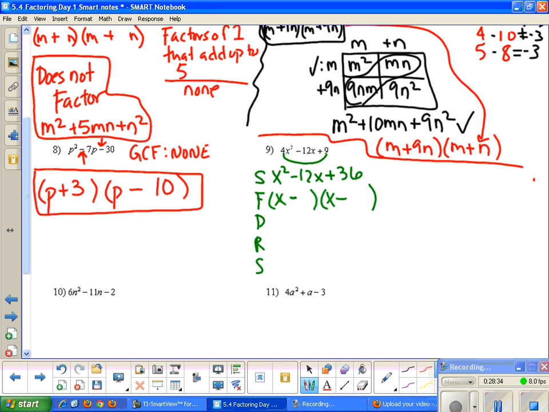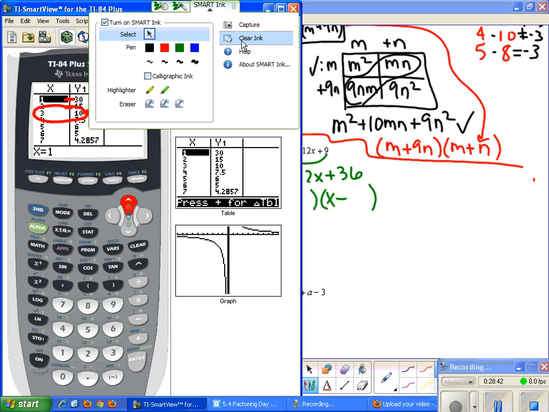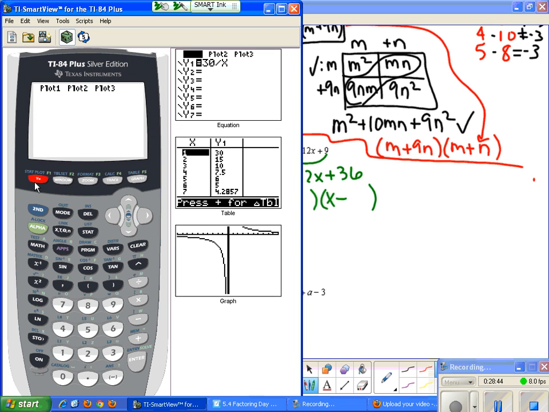So I need factors of 36 that add up to negative 12.